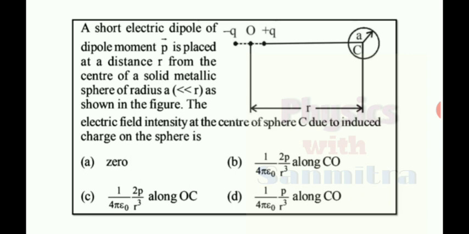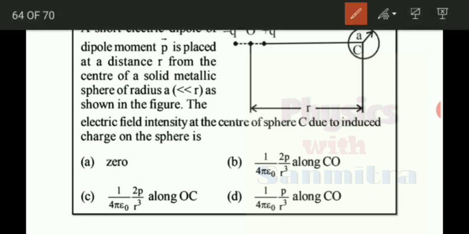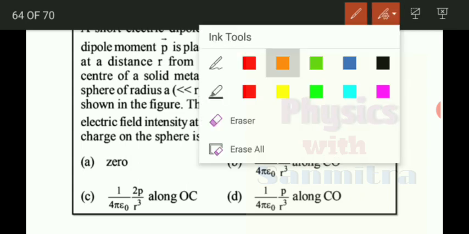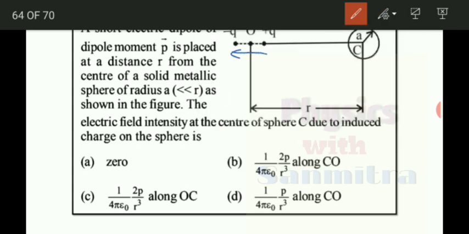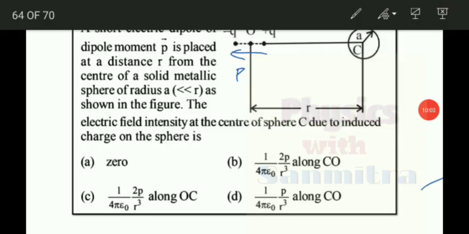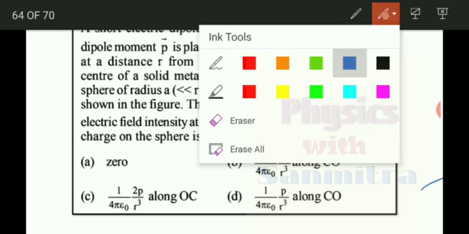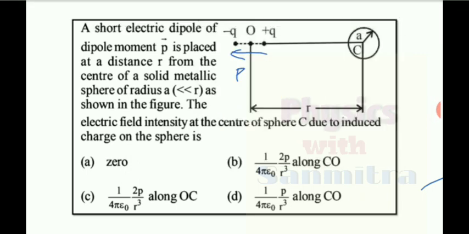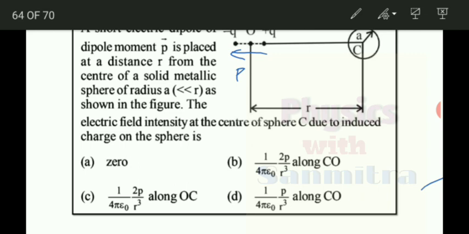Now let's see what happens here. See, the dipole moment is this side. Actually due to this Q, the greater one will be acting this way.